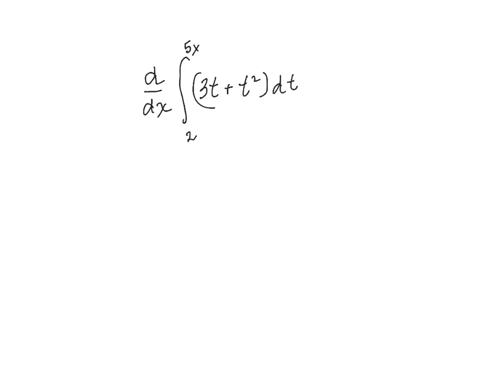Now, we could ignore momentarily this d/dx and just integrate and apply FTC 1, f of b minus f of a.